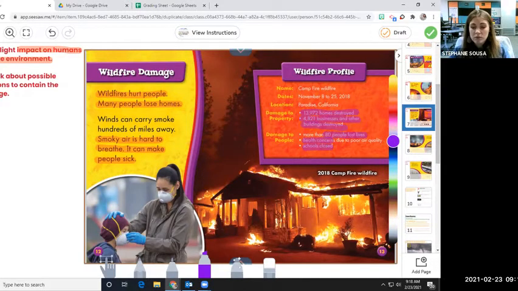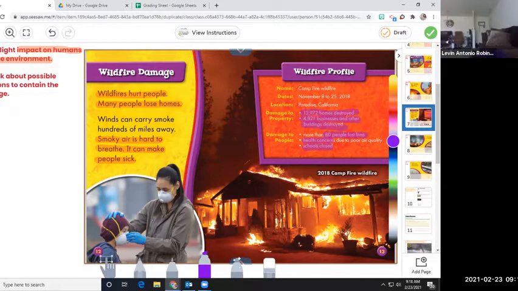Williams so far has offered up the solution of creating a sprinkler system in the forest to help dampen the trees so that they cannot burn. Does anybody else have any other solutions that they're thinking of as we're reading? Levin, what could we do or engineer to lessen the damage? We could set, so when there's an alarm on, we could have water hoses from different ends of the forest, plus the sprinklers, and there could be a trigger to alarm all the hoses and the sprinklers to spray out.